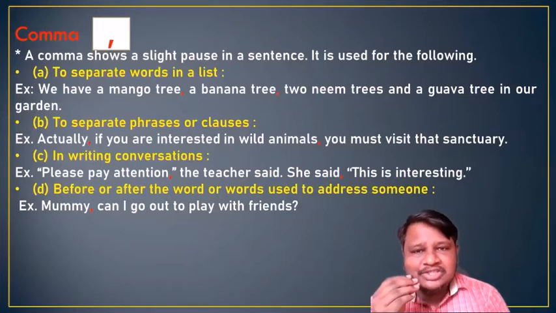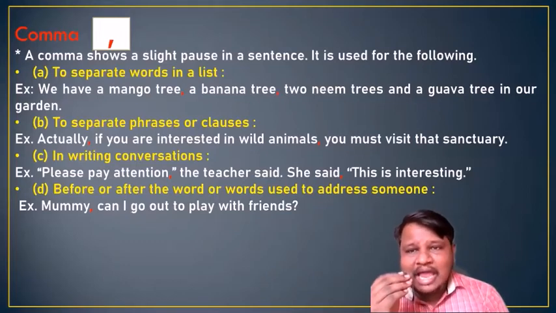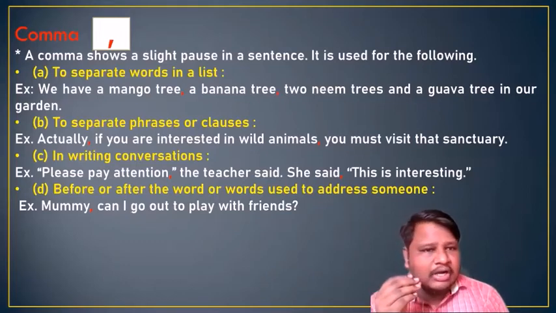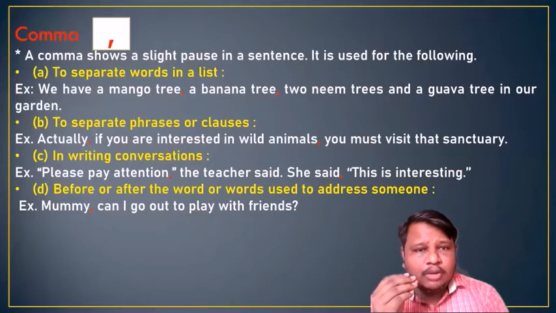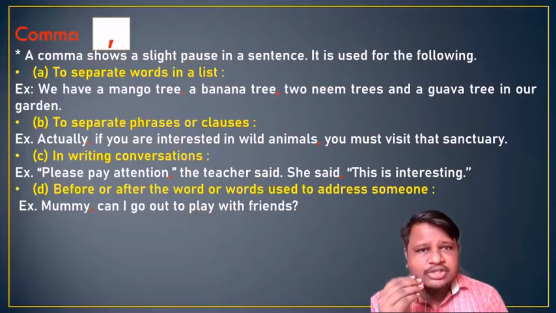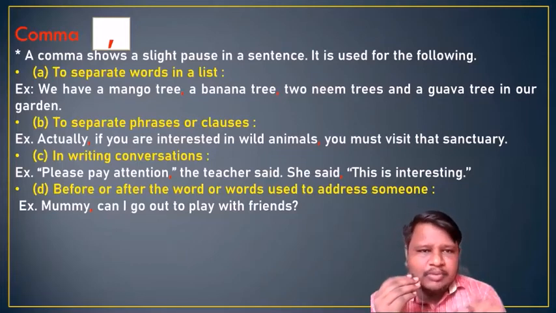Then a banana tree, 2 neem trees, and a guava tree in our garden. Commas are used there because when we speak or write this sentence, we take a little pause there, to take a slight pause in a sentence.